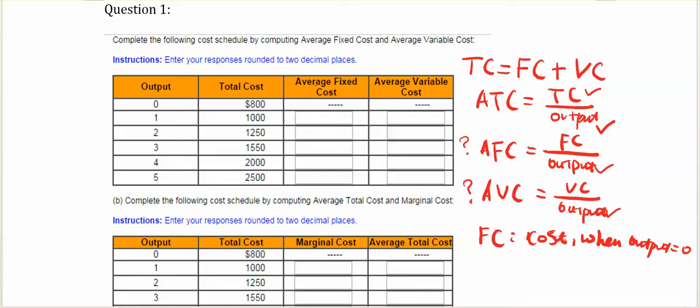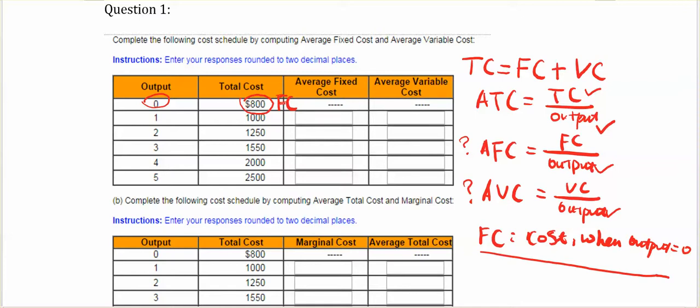How can we get average fixed cost? According to the definition of fixed cost, it is the cost when you have 0 output. So we need to look at what the total cost is when the output equals 0. When the output equals 0, the total cost is $800, which tells us the $800 is our fixed cost.